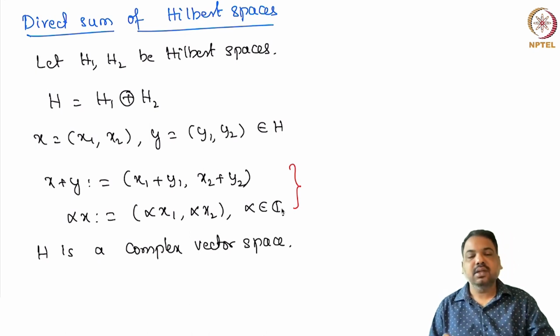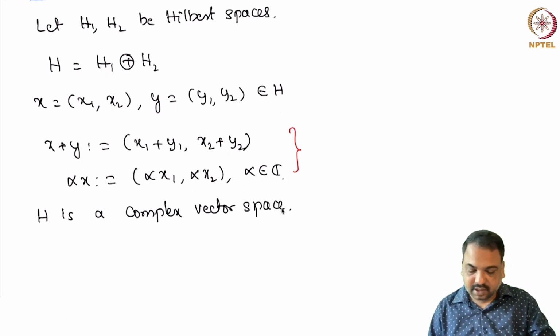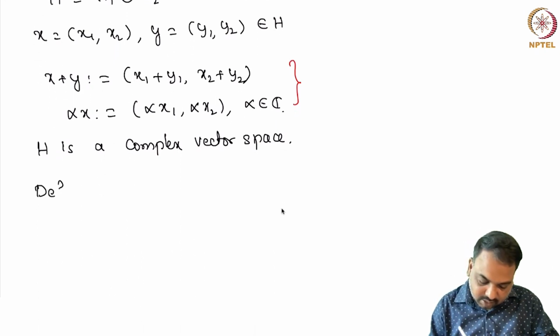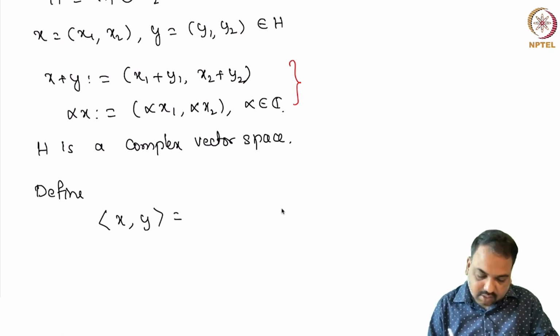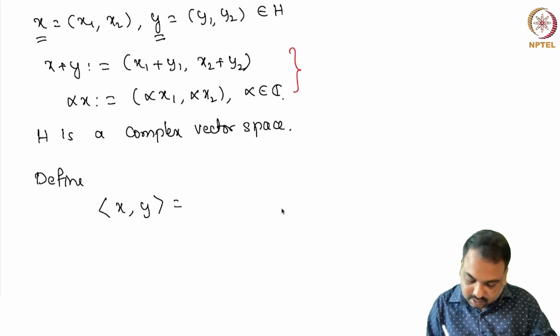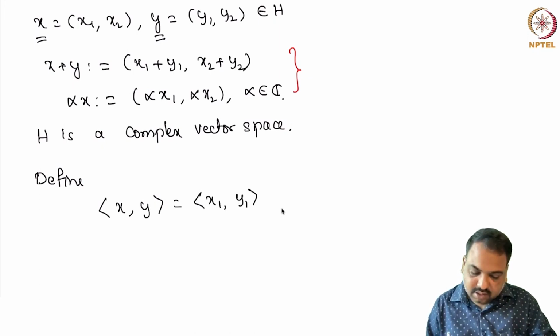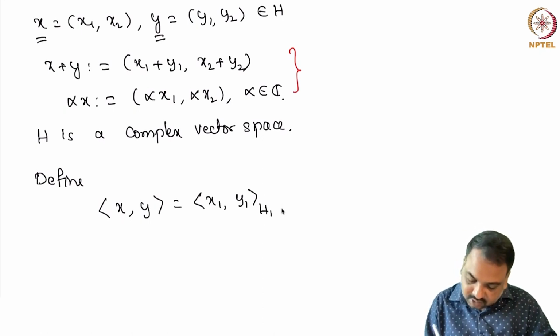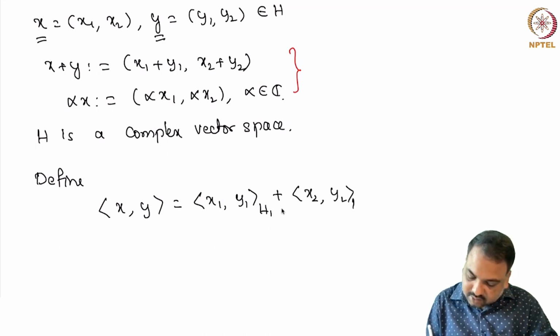We want to make this an inner product space, in fact a Hilbert space. Okay, so let us define a new inner product of x and y, where x is this and y is this. This is the inner product of x1 with y1, plus x2 with y2, where x1, y1 are coming from H1, so this is the inner product in H1 and this is the inner product in H2.